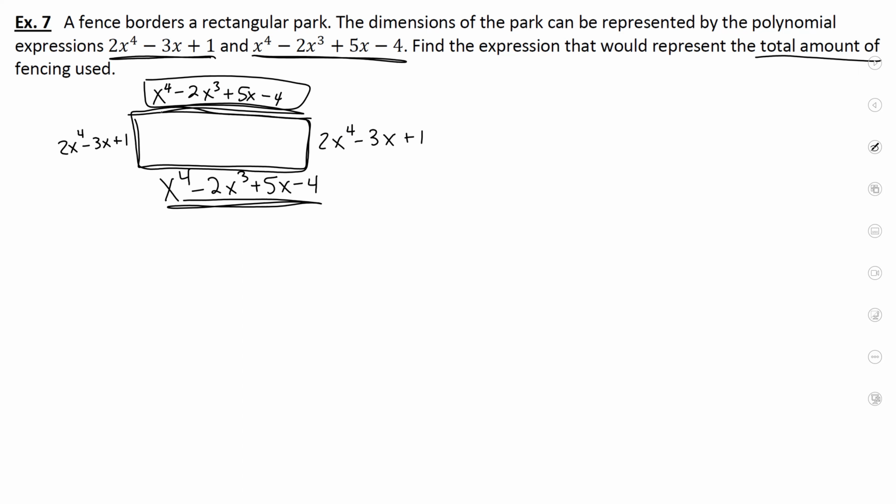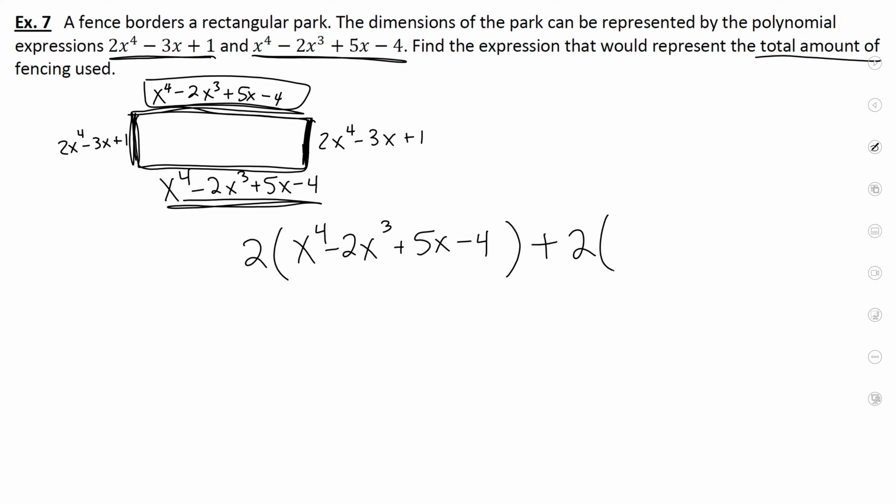Okay, so that would be 2 times this whole dimension. So x to the 4th minus 2x cubed plus 5x minus 4 plus the other side. So there's 2 of these sides. So I'm going to put 2 of the other side. 2x to the 4th power minus 3x plus 1. This is how you should set it up.